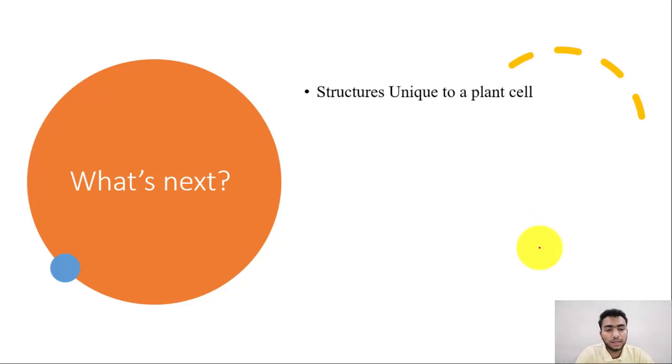In the next lecture, what we are going to see is the structures which are unique to a plant cell, and we would also see the most commonly known microbe or microbial cell, a bacterial cell.